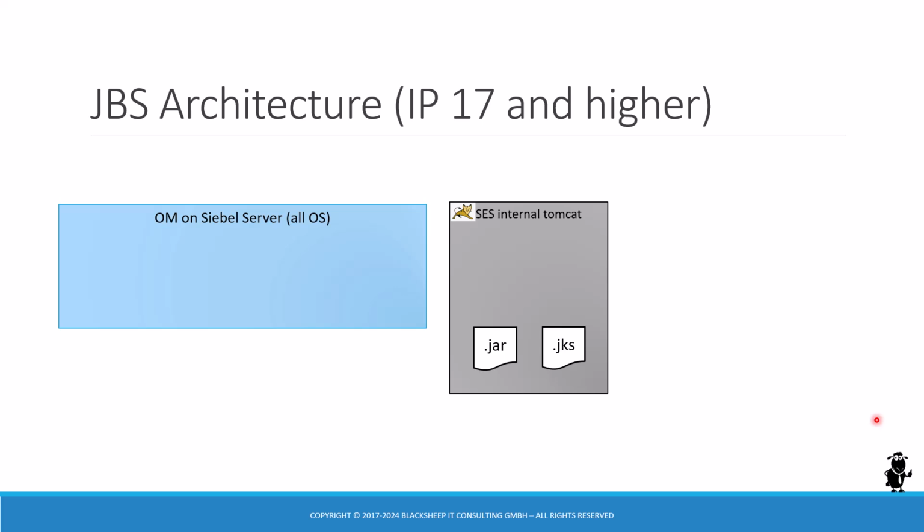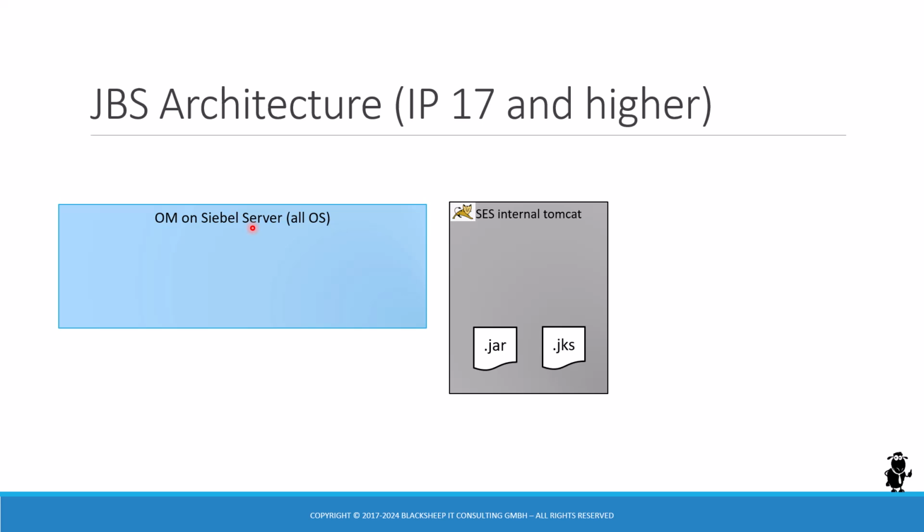So here we are looking at the underlying architecture for Java Business Services as of IP17 and higher. It's very different in IP16 and earlier, but with IP17 we got these Tomcat servers. The SES internal Tomcat, or the internal application container, often also referred to as the configuration agent container, because that's the one that lives with a Siebel server on the same machine.